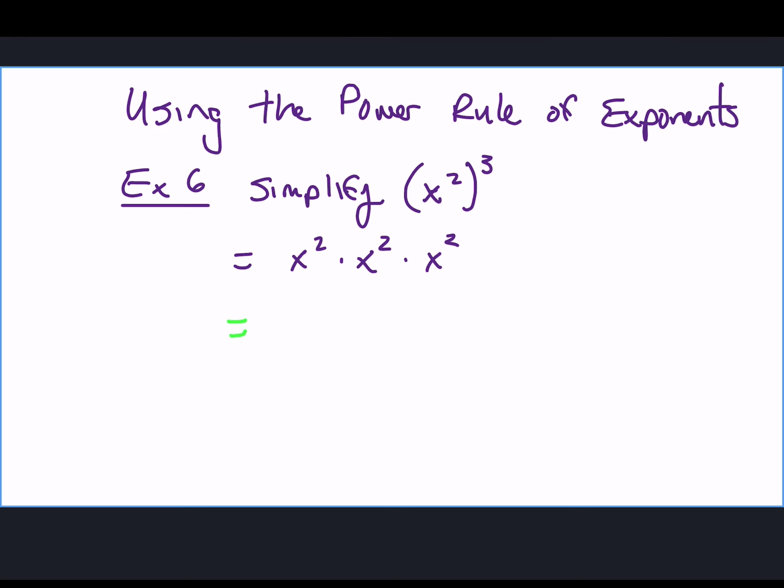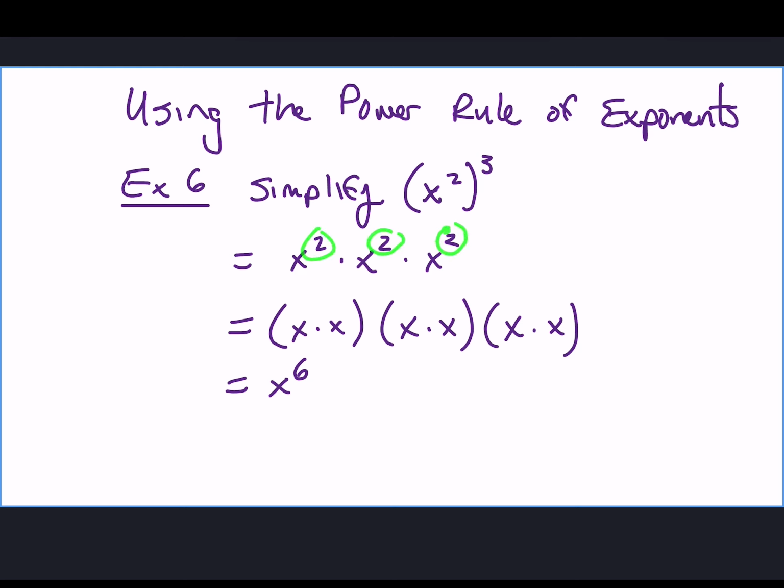Well, x squared is x times x, right? Do you agree with that? So that means we'll have x times x times x times x times x times x. How many distinct factors of x do we have? 6. So in other words, we can add these exponents, 2 plus 2 plus 2, which is 6.